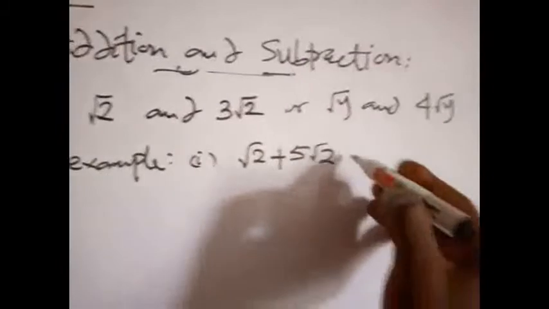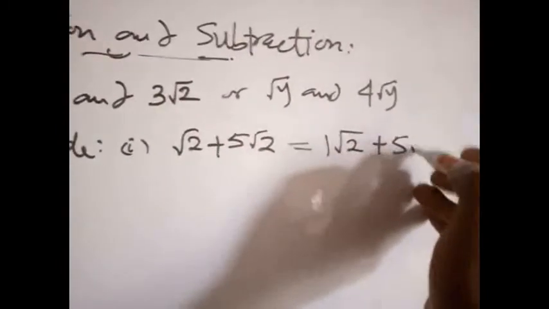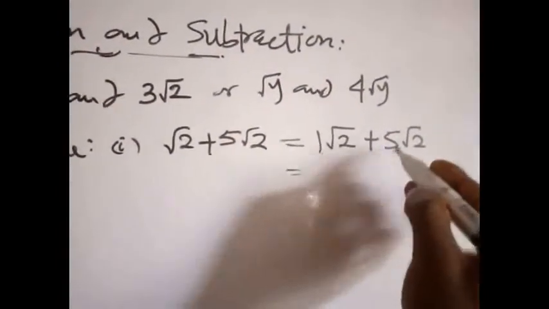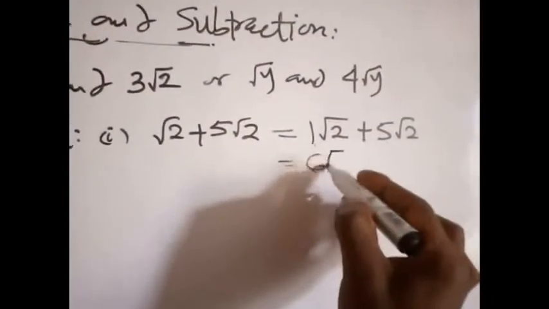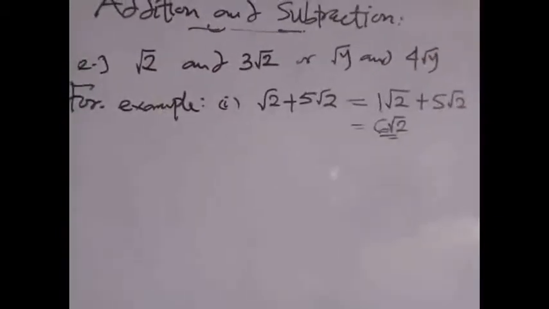The coefficient of root 2 here is 1, which can be 1 root 2 plus 5 root 2. So 1 plus 5 will give us 6, since root 2 is common. So this will give us 6 root 2. So this is how to simplify the addition of surd.